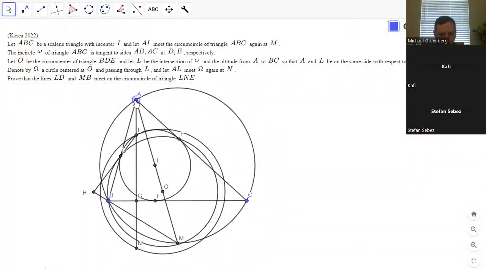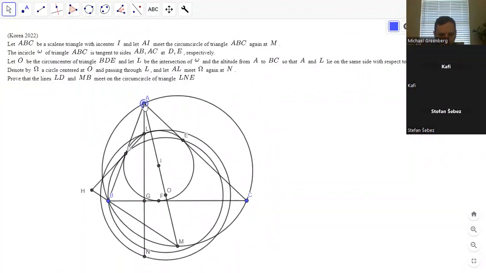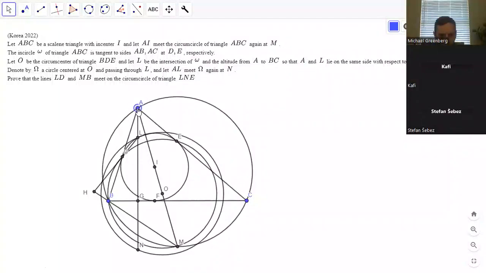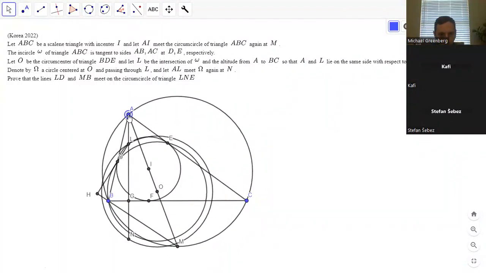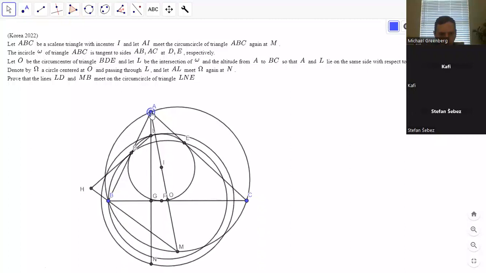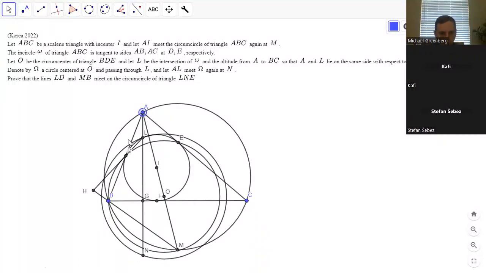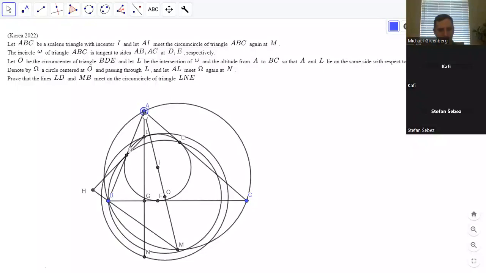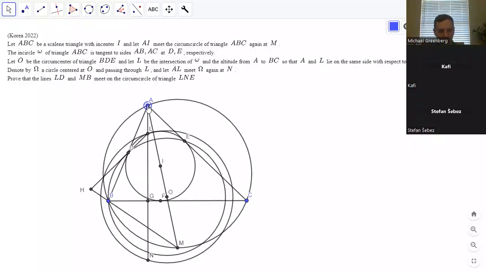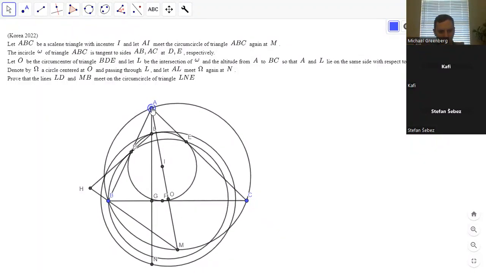Okay. So we want to show HNLE is cyclic. Just going to move it. It's hard to get a perfect diagram, but I think that's okay.